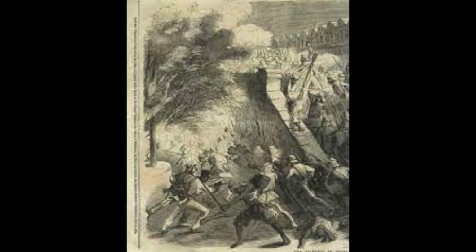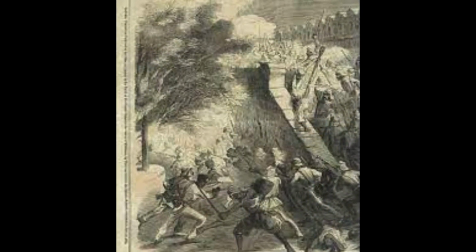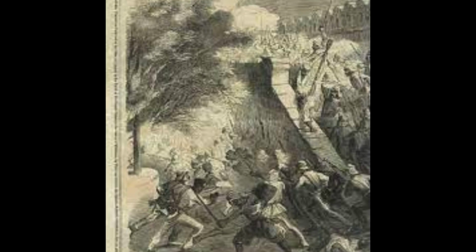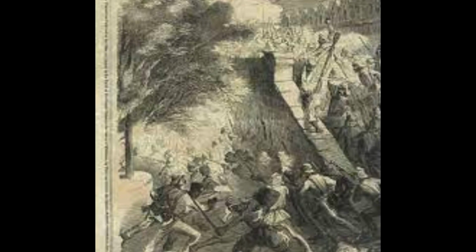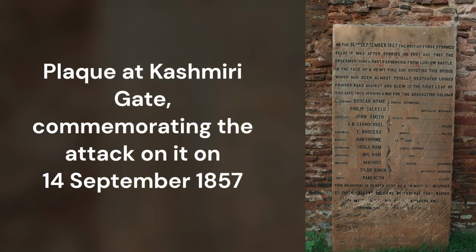The breaking of the Kashmiri Gate was a major turning point in the siege, as it allowed the British to establish a foothold inside the city and begin the process of driving the rebels out. The gate itself became a symbol of British triumph, and it remains a significant landmark in Delhi to this day.